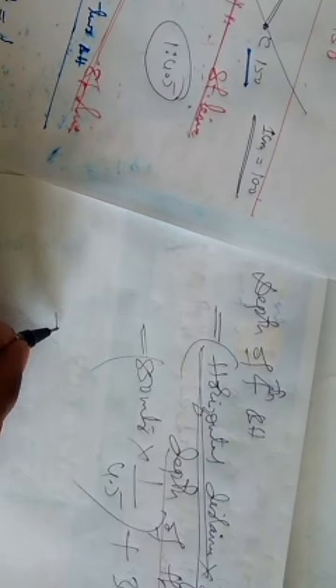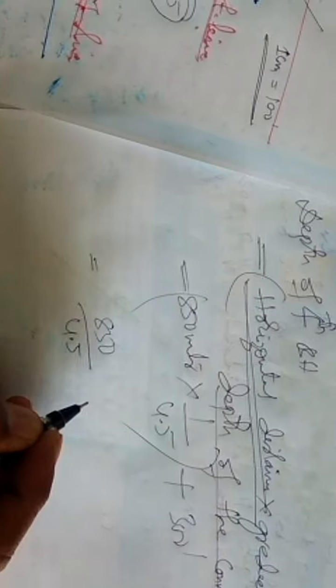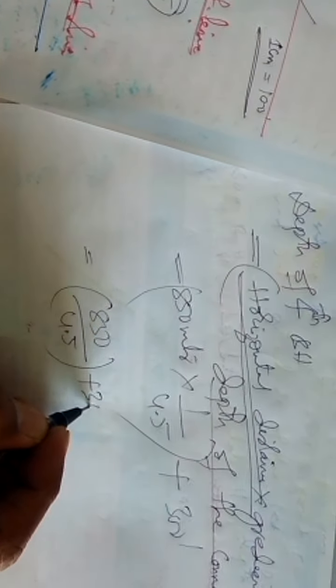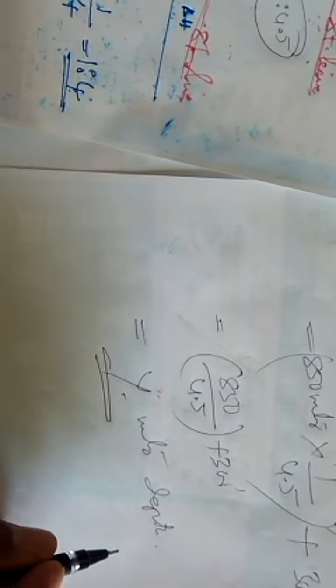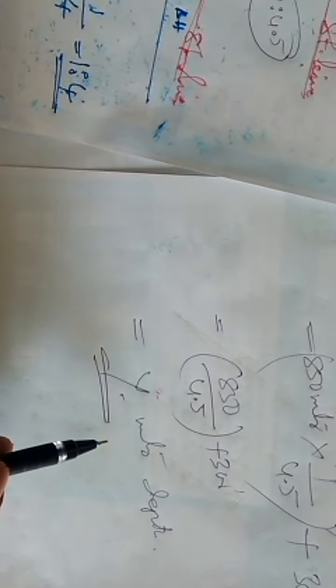The depth of the borehole is 300 feet. Now you calculate. Somewhere you get 850 divided by 4.5, plus 300. So whatever you get, this is nothing but y meters is the depth. Y meters is the depth of the fourth proposed borehole, friends.